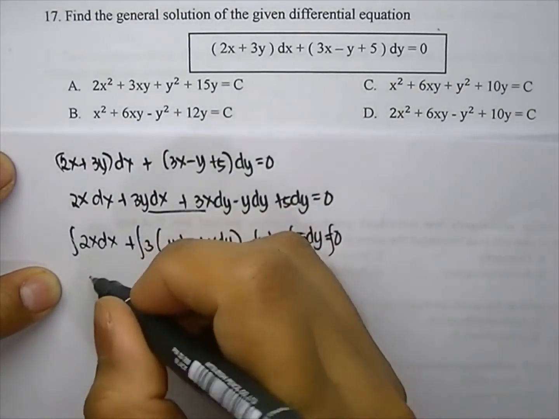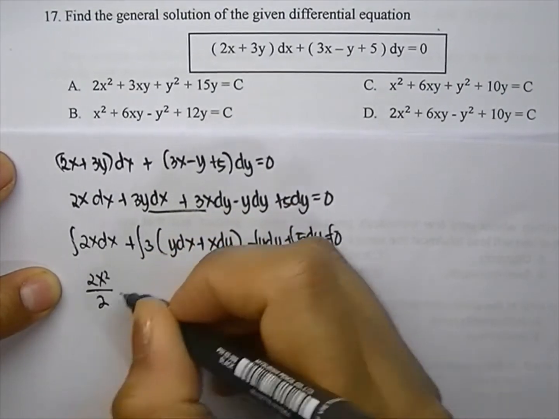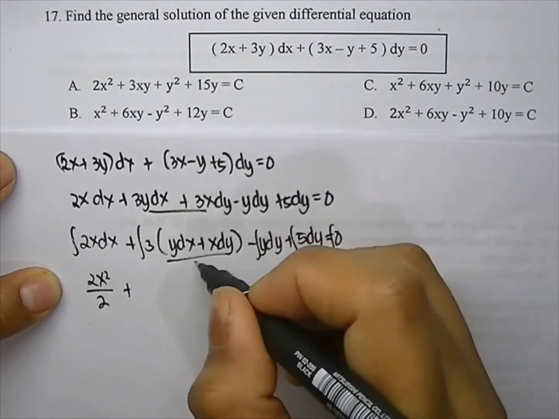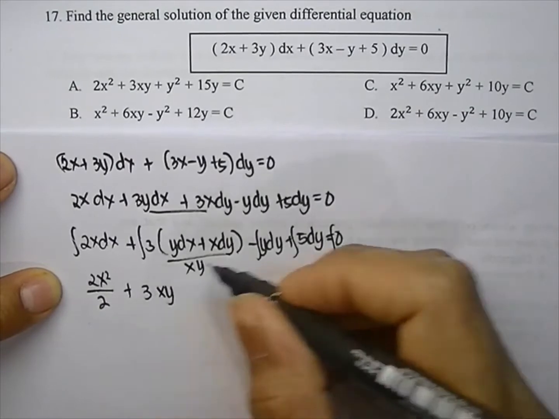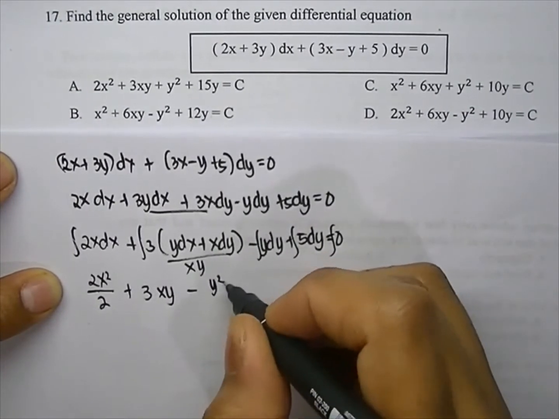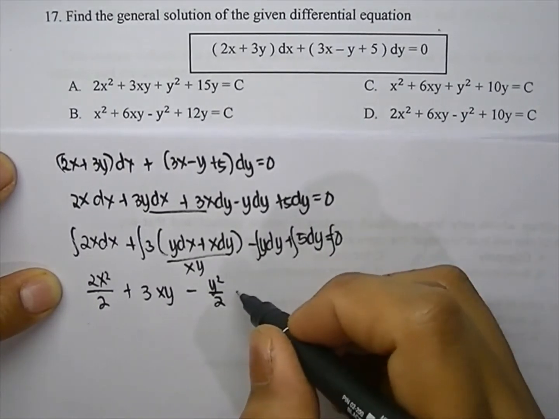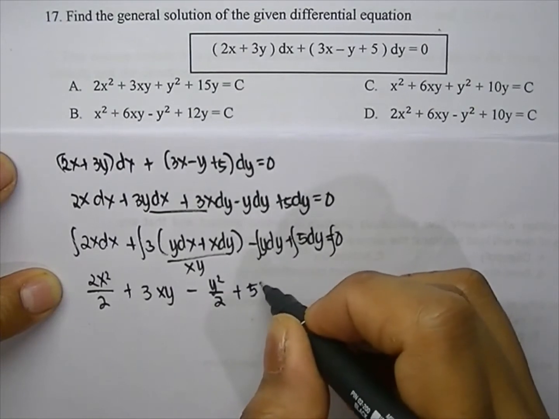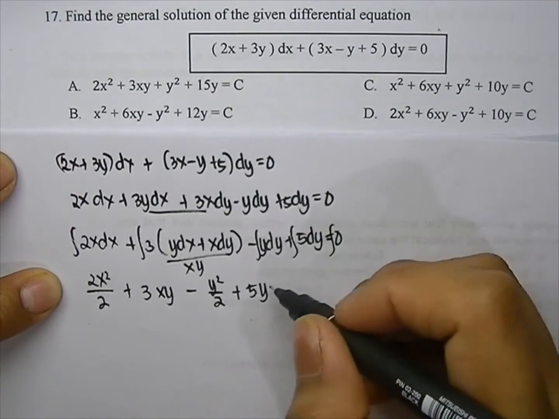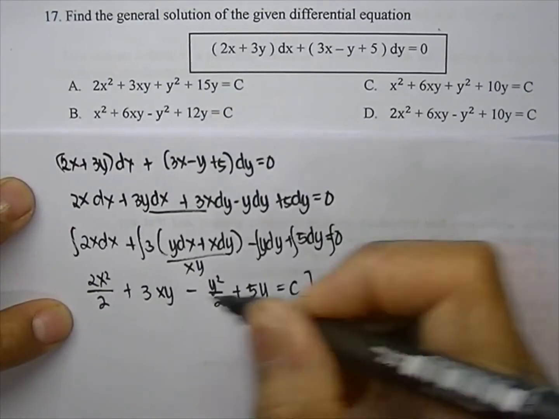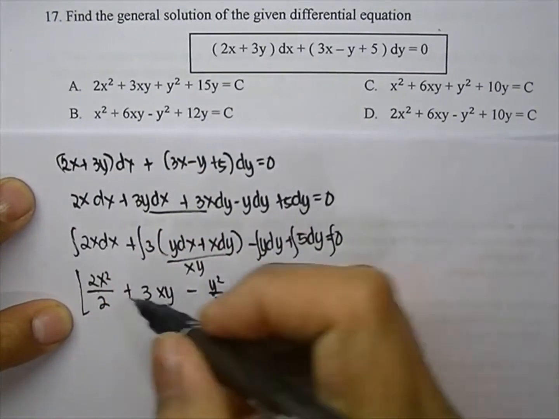We have 2x squared over 2 plus, this is xy, so 3xy, minus y squared over 2 plus 5y equals c. So multiply both sides by 2.